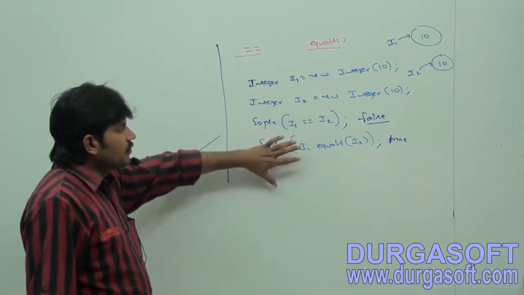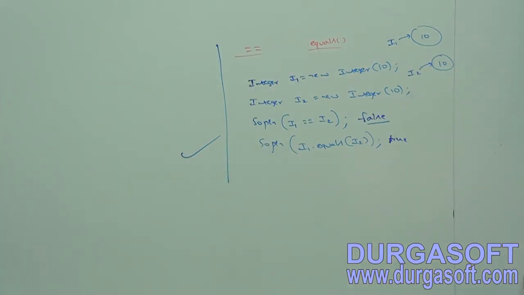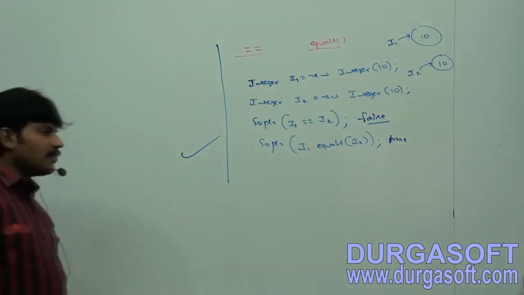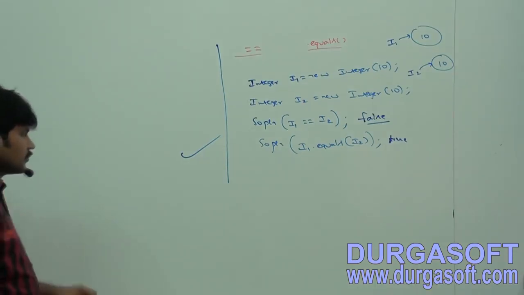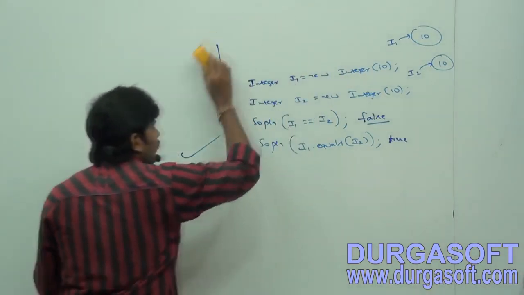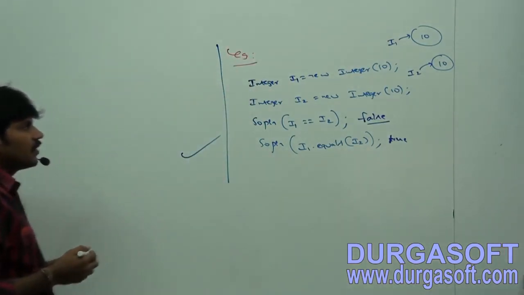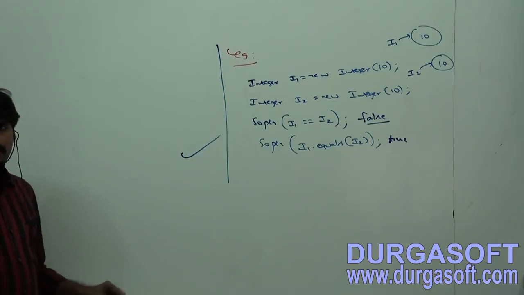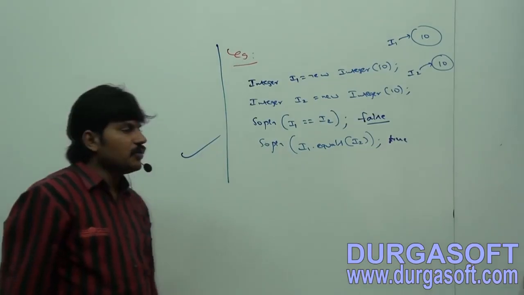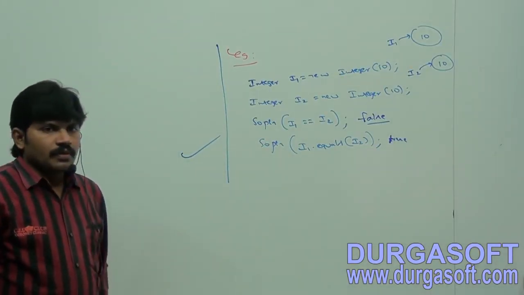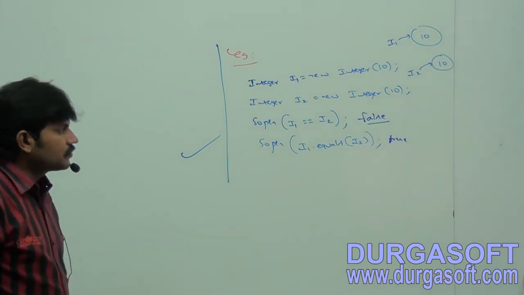Okay, take this example. I will use the same example in identity hash map also, so this knowledge you should compulsorily have. Integer I1 is equal to new Integer of 10, Integer I2 is equal to new Integer of 10. SOP of I1 double equal to I2.